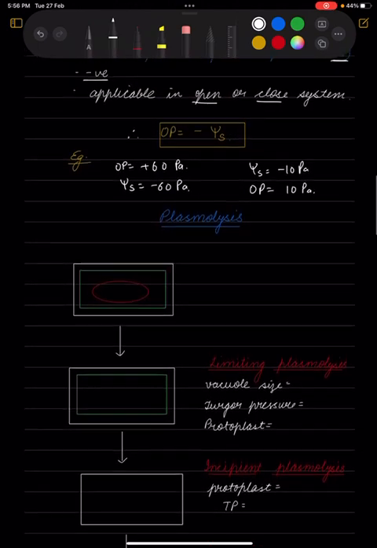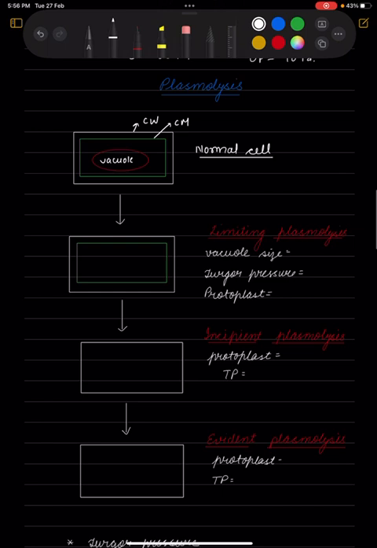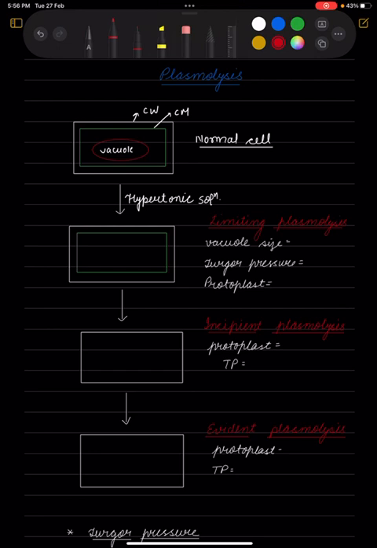I have drawn this cell. This is the cell wall, this is the cell membrane, and this is the vacuole. This is our normal cell. So when I place this cell in the hypertonic solution, you can see the vacuole size will be reduced.